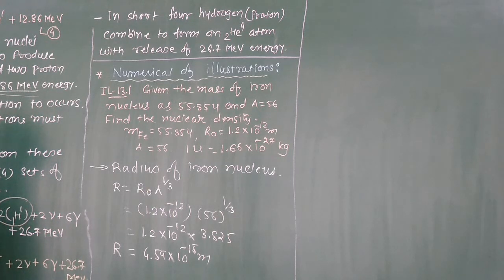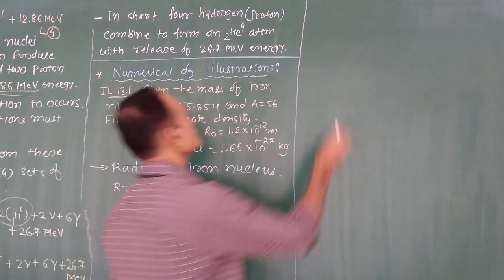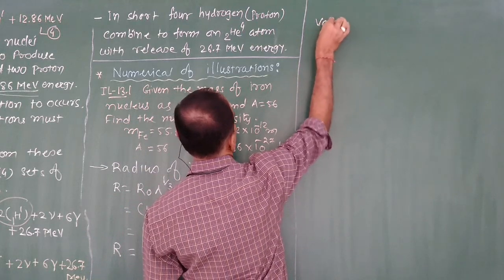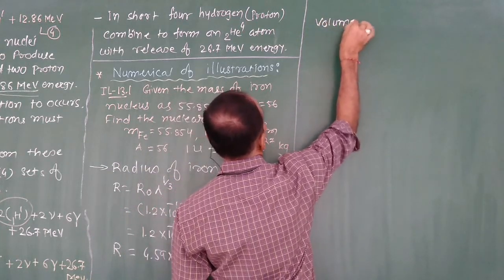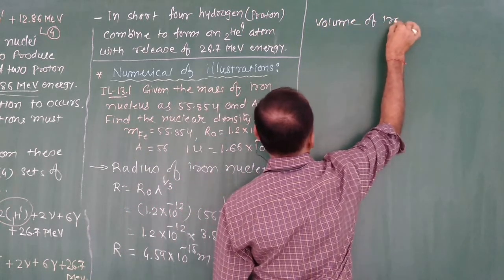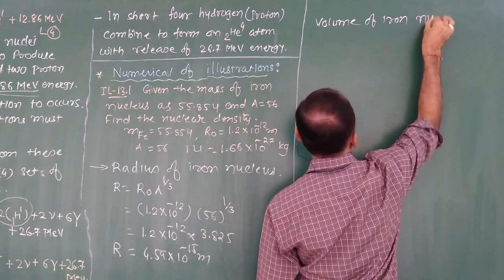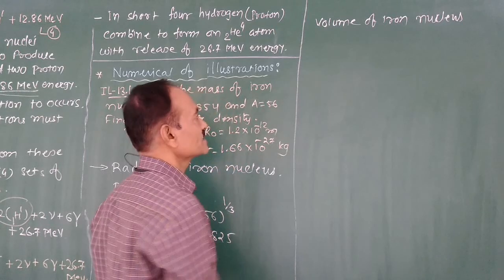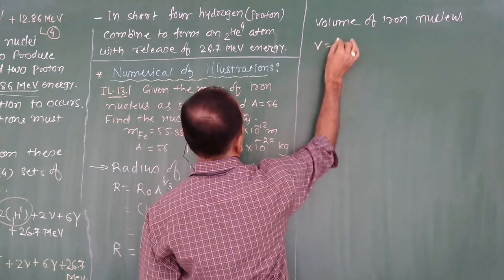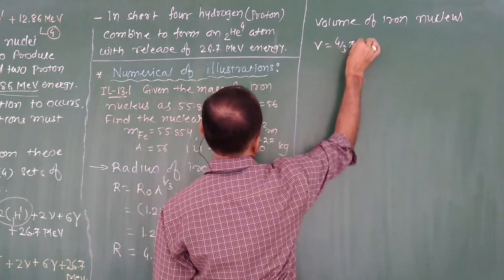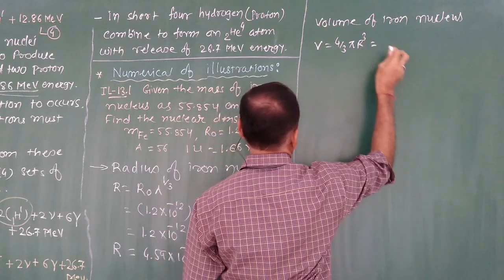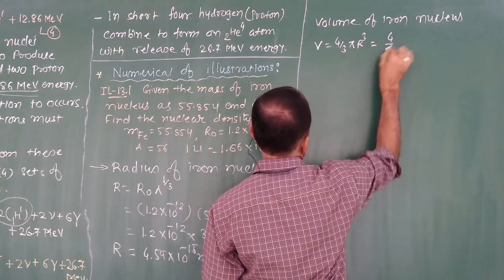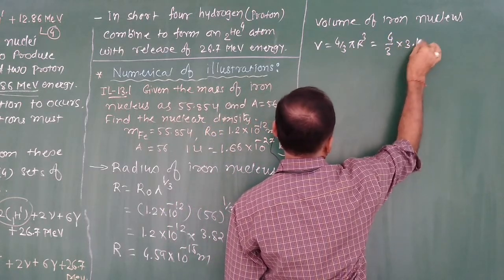Now, what is the volume of iron nucleus? Volume of iron nucleus is equal to 4 by 3 pi r cube, which is 4 by 3 pi, 3.14.